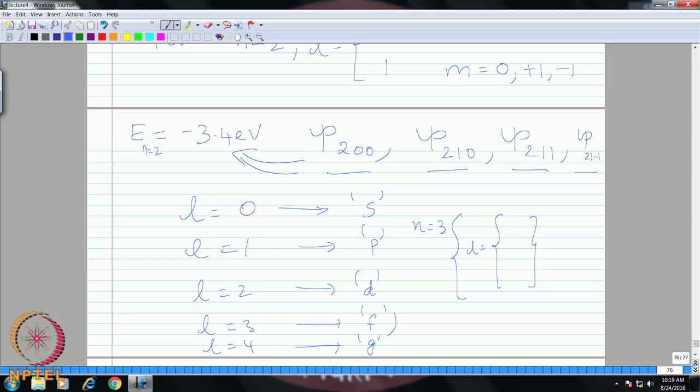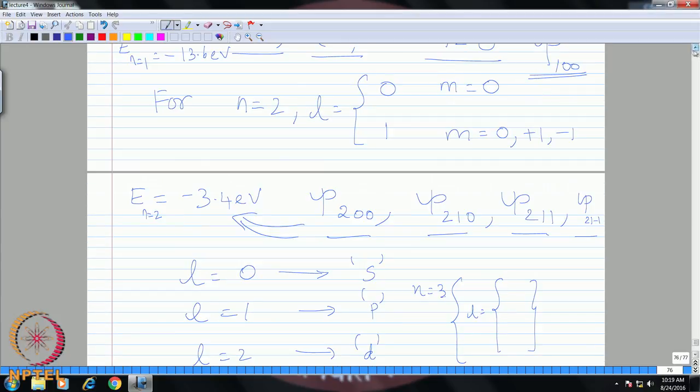What are all the values of L? 0, 1, 2 and the corresponding values of m. This is 0, this is 0, plus 1, minus 1, and for 2: 0, plus or minus 1, plus or minus 2.